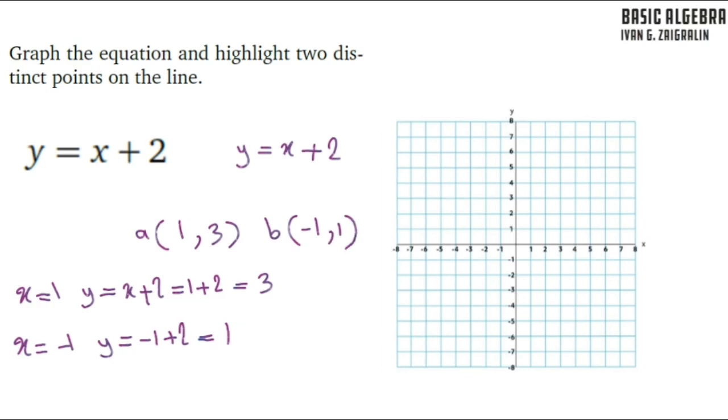And here on the graph we have 2 points: A, x 1 and y 3, this is A, and B, -1 and y 1. This is B. So this is the graph for this equation.